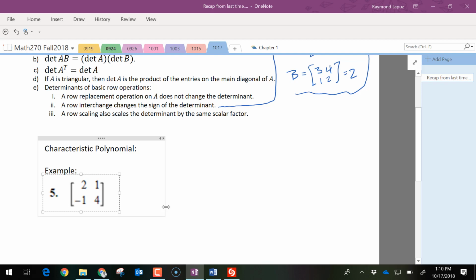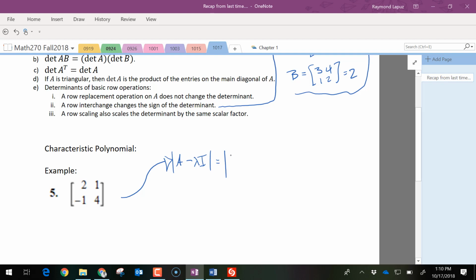We're going to figure out what the determinant is of A minus lambda I. And remember that I is the identity matrix, so lambda times I would just be lambdas in the diagonal.